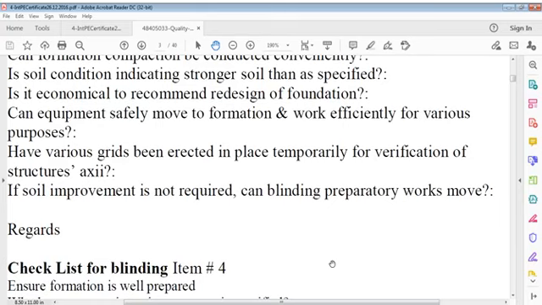These survey points, in the form of grids or a kind of railing around with pegs, all grids are marked A, B, C or 1, 2, 3. They are all reference points for permanent work till foundations are completed and even when work is taken to higher floors. If soil improvement is not required, can blinding preparatory works move?